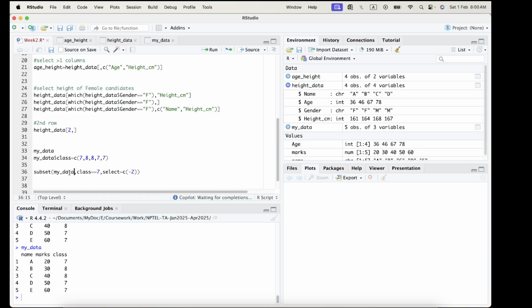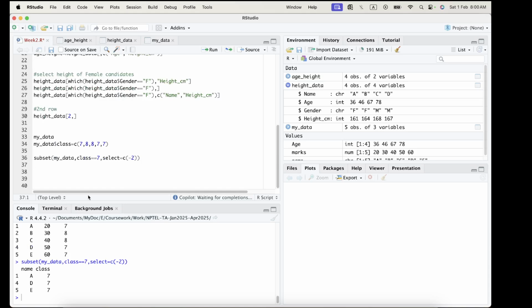This is going to subset in such a way that it's going to select students enrolled in class 7, and it's going to give me all columns but the second one. Okay, so let's see here.